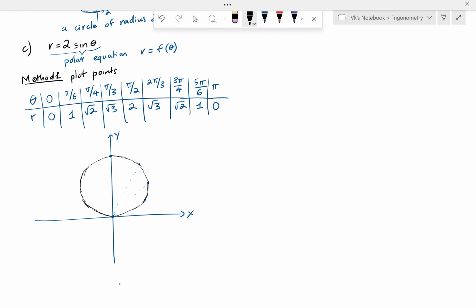So when we connect them together, what we have here is a circle. This is the center of the circle, radius 1, center at 0, 1.